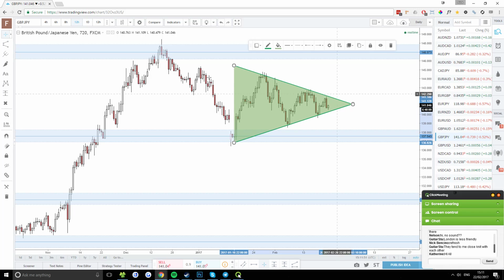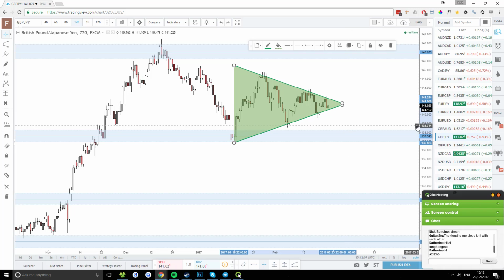Does anyone trade these, by the way, in the room? It looks so nice when you look at them. I mean, there's nothing wrong with trading this stuff.